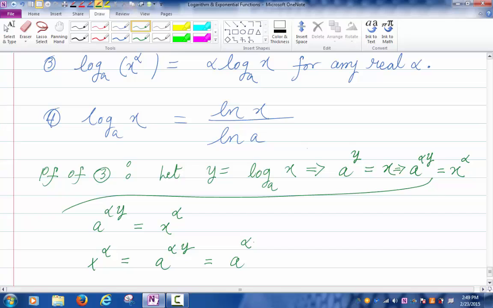Okay, I don't know why my brain is shutting down on me like this, but remember what I said. You can take the derivatives of both sides and show that they are the same and prove it that way, but I just thought I had a different way here. X to the alpha is a to the alpha y, and I want to show log base a of x to the alpha is basically alpha times y. Oh, okay. Now, you know what? I'm actually done here.